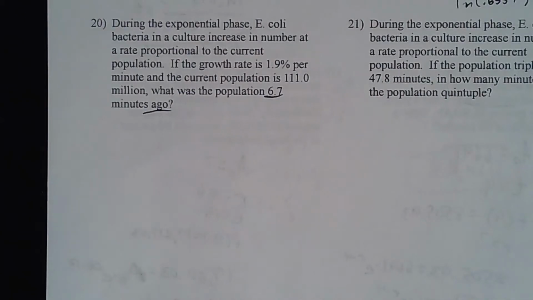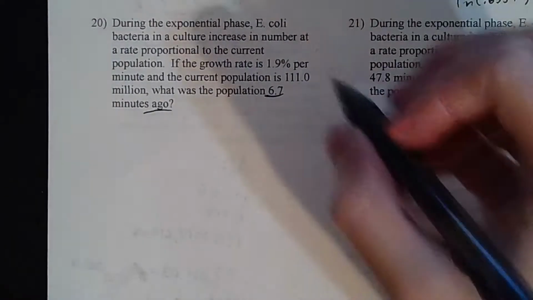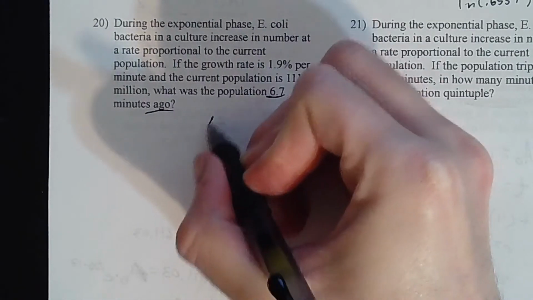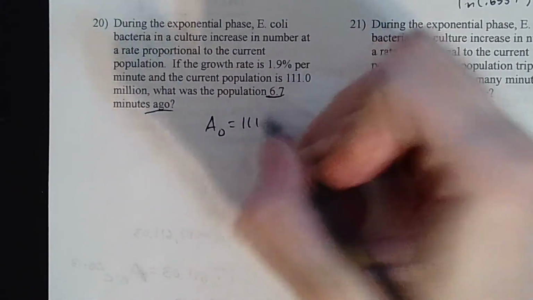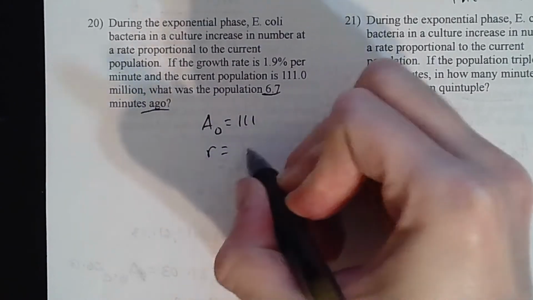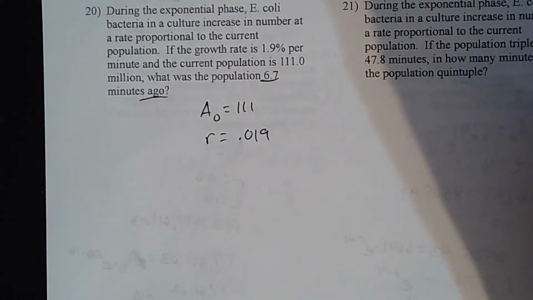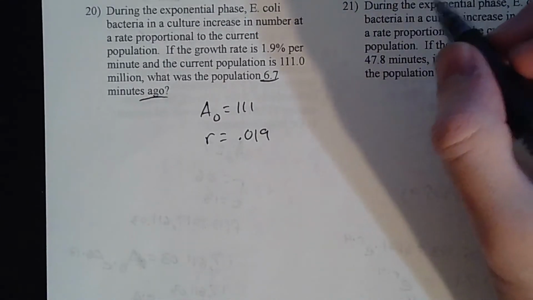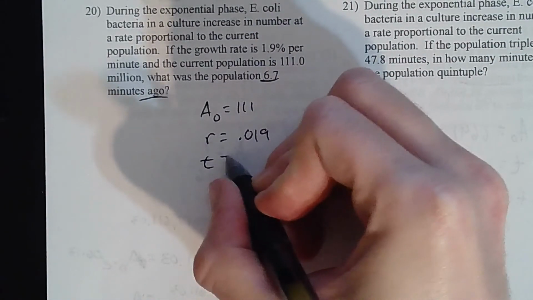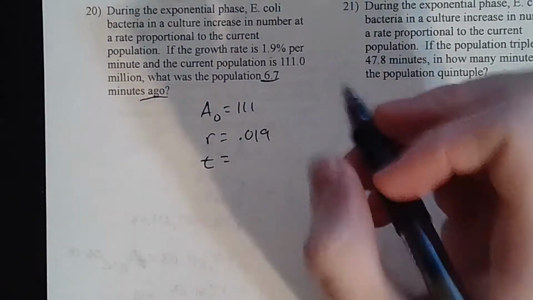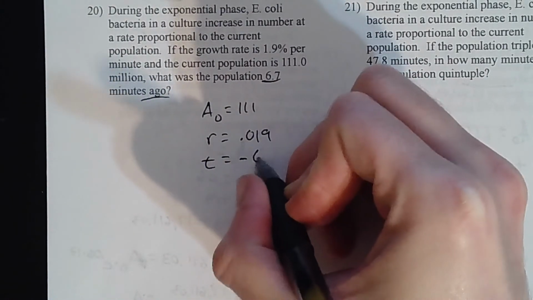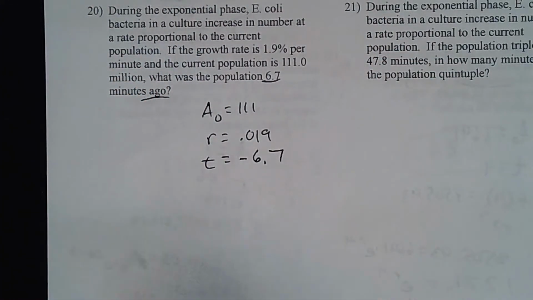The reason why I like this question is it's almost identical to number 18 in that it's very, very easy to start and set up. So we got A naught is 111. We got our r is 0.019. And after that, we have our time. The deal is that time is actually a negative number in this question, because you want to go backwards in time.